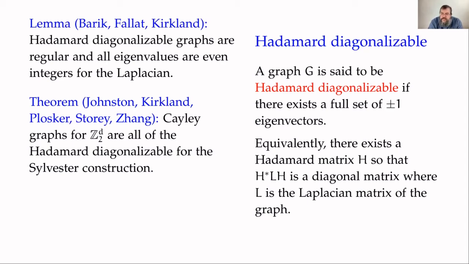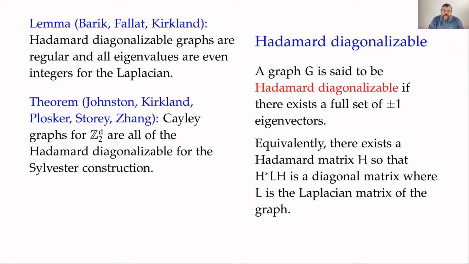So the Cayley graphs are all the Hadamard diagonalizable ones for the Sylvester construction. So for that particular Hadamard matrix, that's everything. So we know what's Hadamard diagonalizable by the Sylvester construction. Another way to think about it is we also have this nice class of graphs, the Cayley graphs for Z2 to the D.